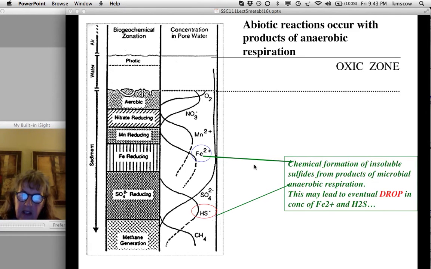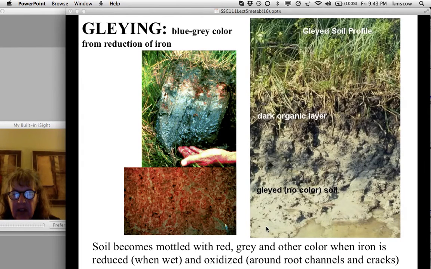What happens is they combined chemically and formed a sulfide that is not very soluble, so it came out of solution and therefore could not be measured anymore. The other thing that does is this H2S, which is a gas, would otherwise rise to the surface, but it may get snagged and stay below in that sulfide.